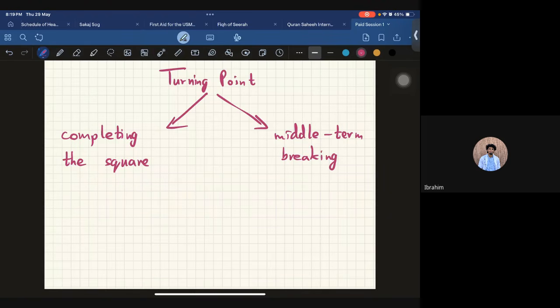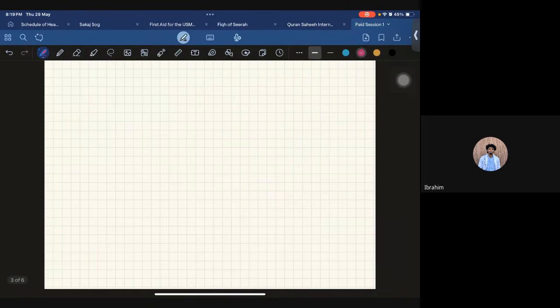अच्छा, कहीं भी if my audio starts lagging, just please text on the chat. So सबसे पहले we'll start with the completing the square method. So as I mentioned, the general form of any quadratic equation is ax square plus bx plus c.